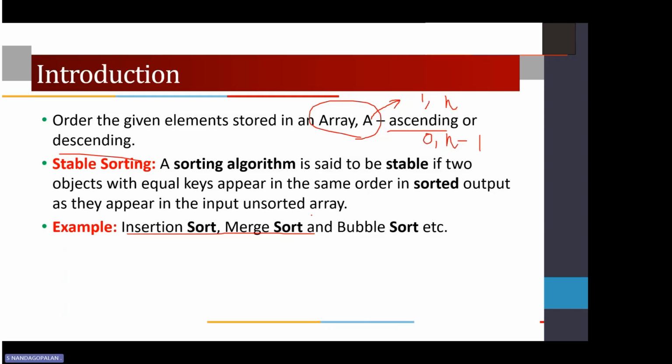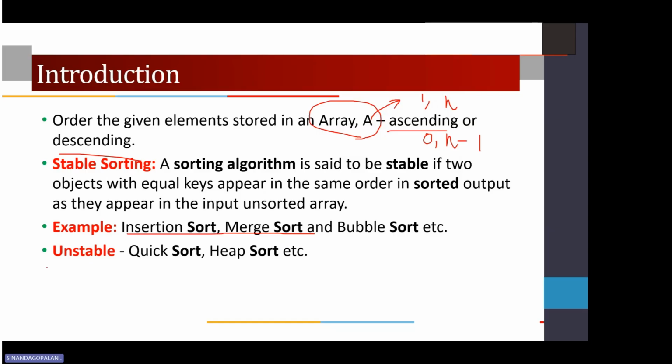You should not interchange them, because after all it is a duplicate, so I could put either first. The second one which was there in A I could put first, and the one which was first I could put second. No, you should follow the same order. Unstable ones do not follow this: quicksort and heap sort don't follow it.